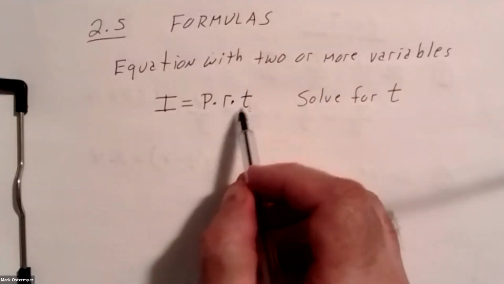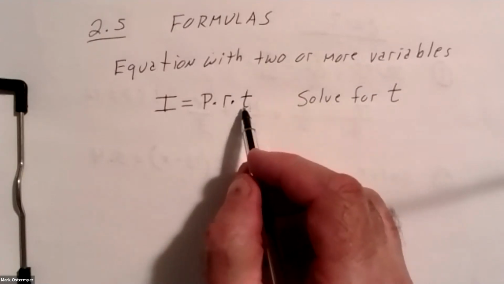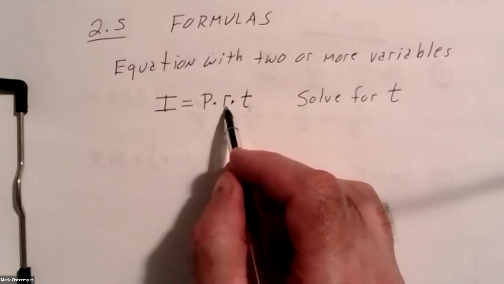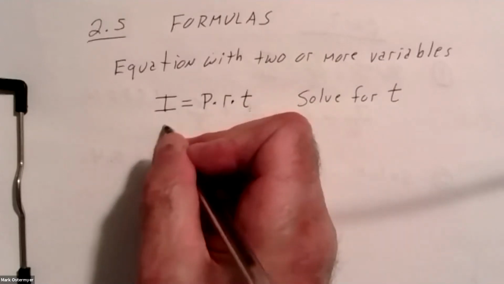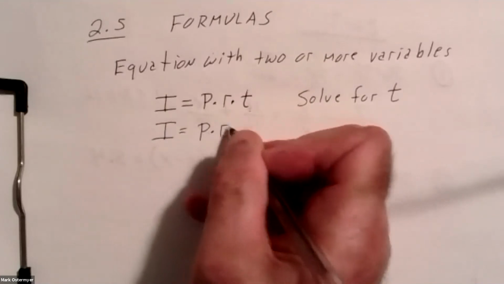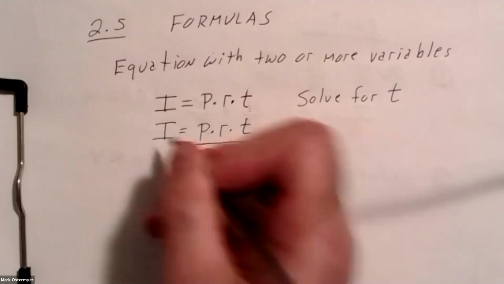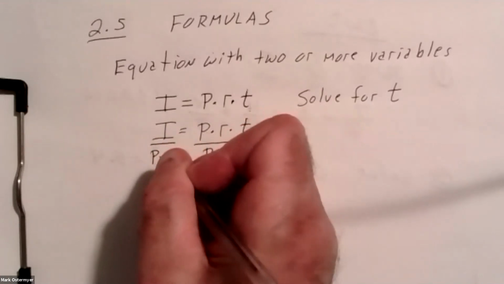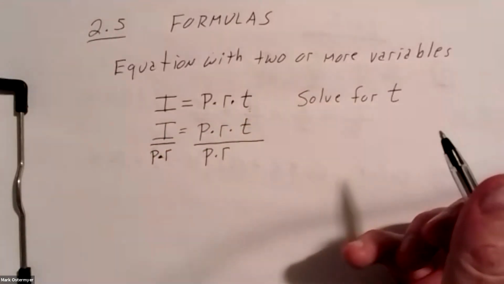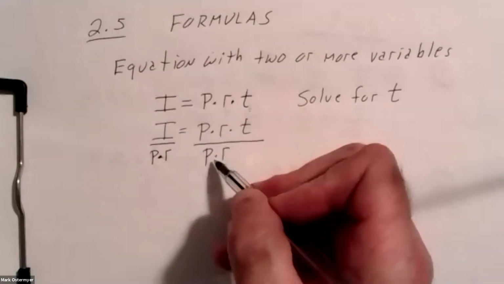What's the inverse of multiplication? Divide. Here's what we're going to do. In order to solve for T, to get rid of this P and this R that are factors with T, we're going to have to divide both sides of our equation by P and by R. Now, what happens to the P on the right side?